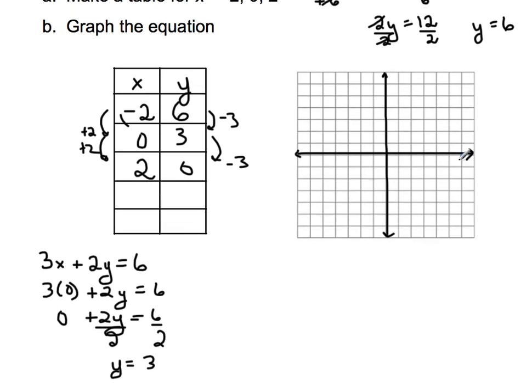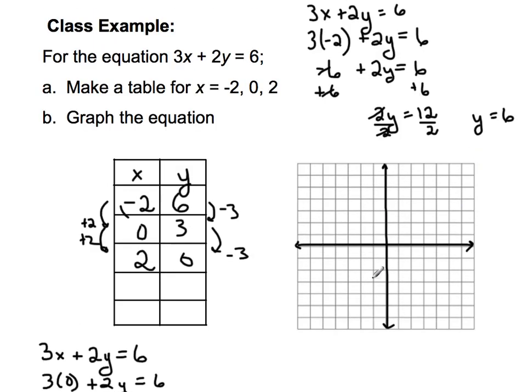Okay, I'm just going to bring this up. I'm just going to put a negative 2, that's 0, positive 2. I got all my x values. Here I have 6 to 0, so let's go 3, 6. Okay, as long as it's scaled properly.